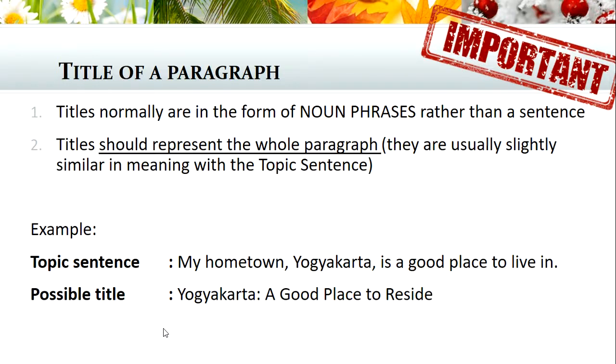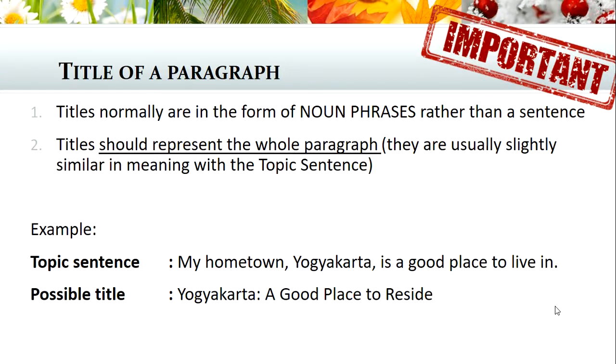What is the possible title? Here I suggest Yogyakarta, a good place to reside. It's not a sentence, it's what we call noun phrase. Yogyakarta, a good place to reside. Reside here means to live. Yeah, it's just a variation.